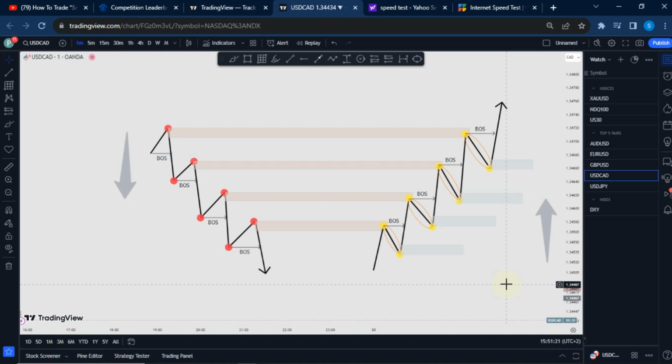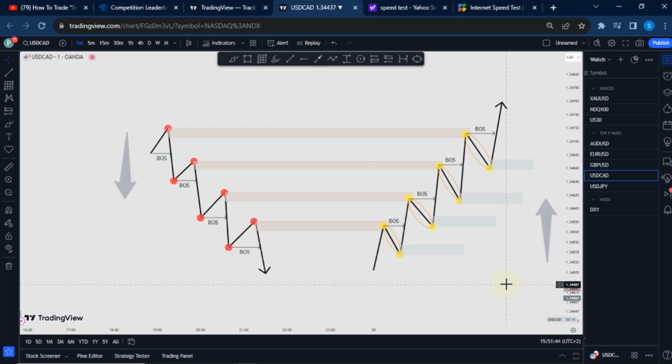Now guys, I will move to the live charts, because what I'm trying to explain here is something that I've been explaining in the previous video, and I hope now you know how to draw your supply and demand levels. So we're gonna do multi time frame analysis, a top-down analysis starting from a daily time frame.